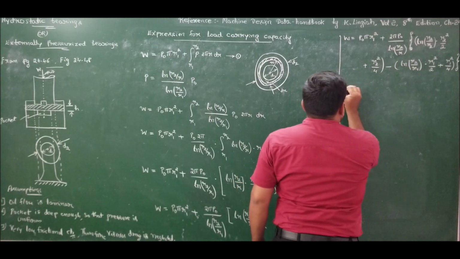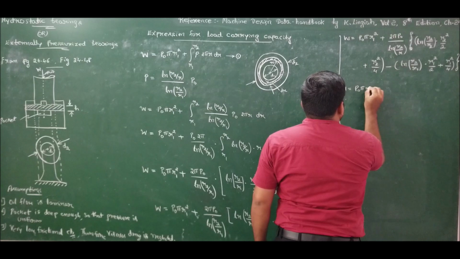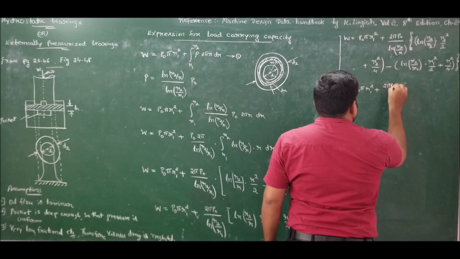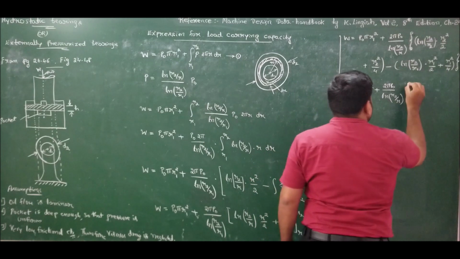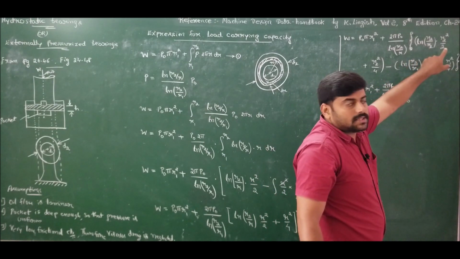So if I simplify further, I am left with W is equal to p naught pi R1 square plus 2 pi p naught by ln of R2 by R1 times log 1 is 0, 0 into anything will be 0.